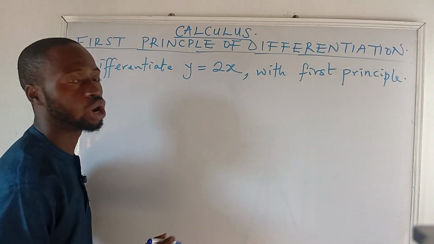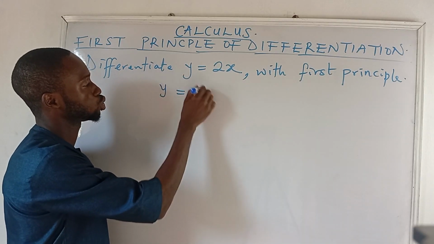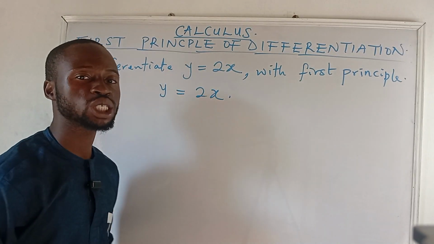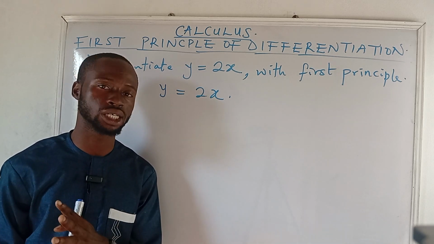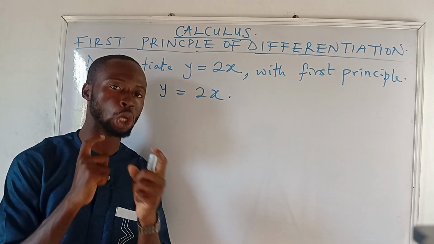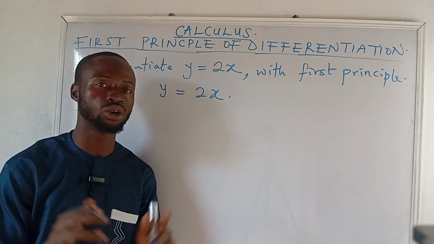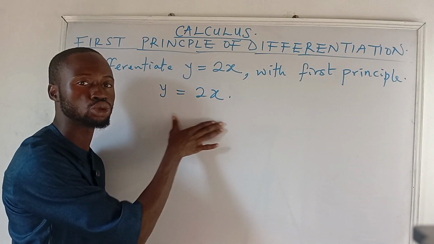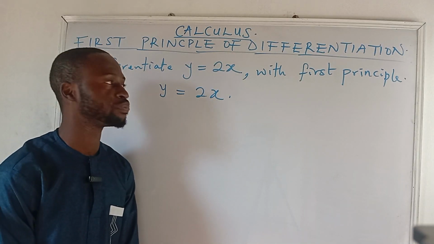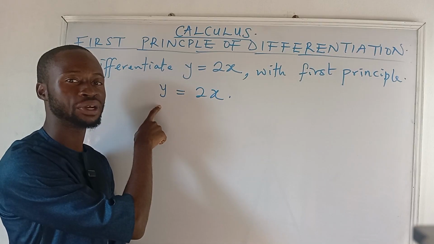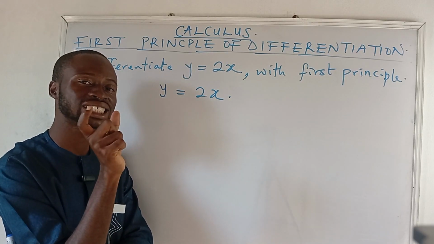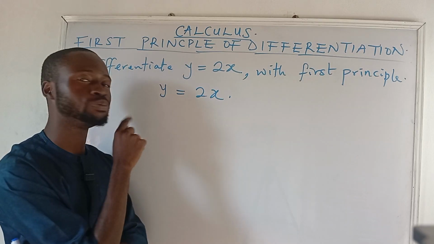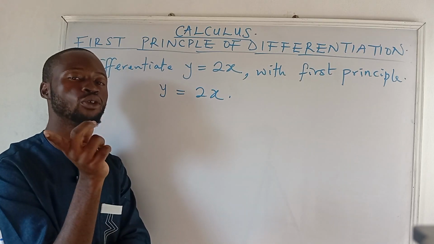Now, how do we go about this? We have y equals 2x. First principle is a series of steps that you must follow to the letter. So it's a bit long, but you must follow the steps. It's not difficult. So if I have y equals 2x, for the first step, if I have y the dependent variable and x the independent variable, I would add the change in y to y.